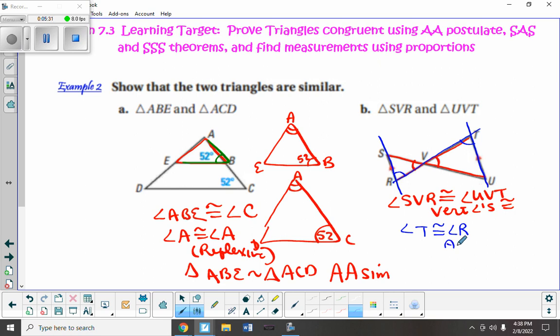And that's because alternate interior angles are congruent. You also could have used S and U because those are also alternate interior, but we already have two now. So now we can say that triangle SVR is similar to triangle UVT by the AA similarity postulate.